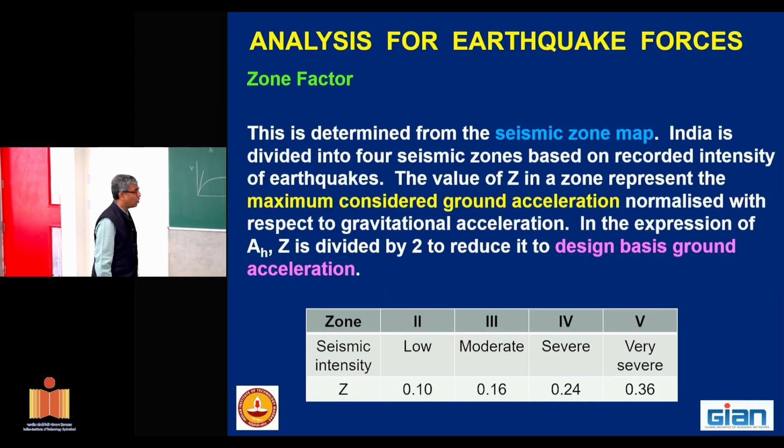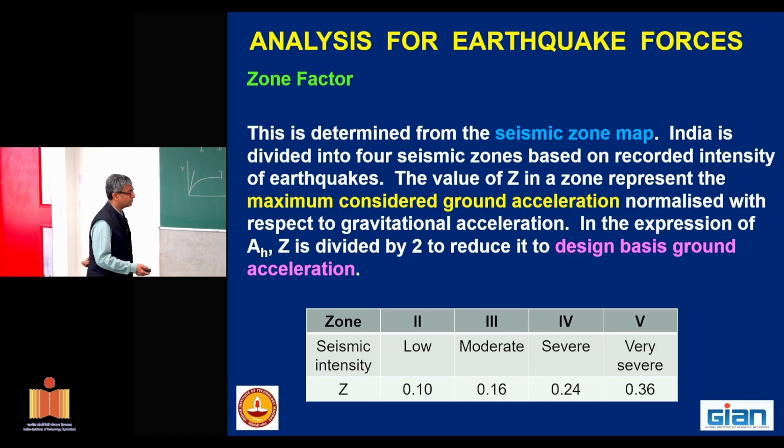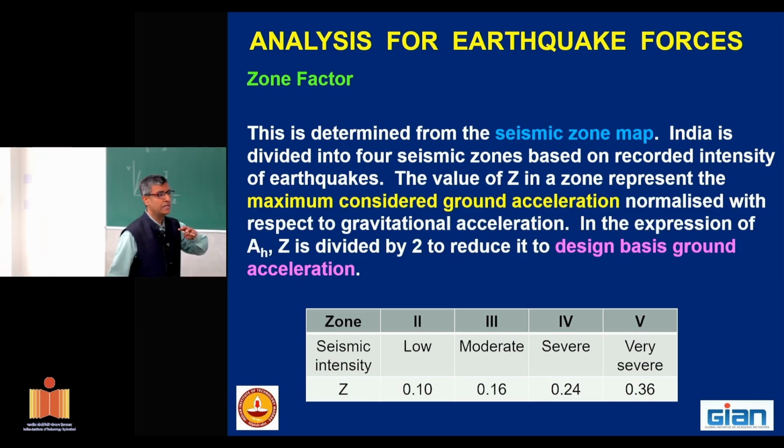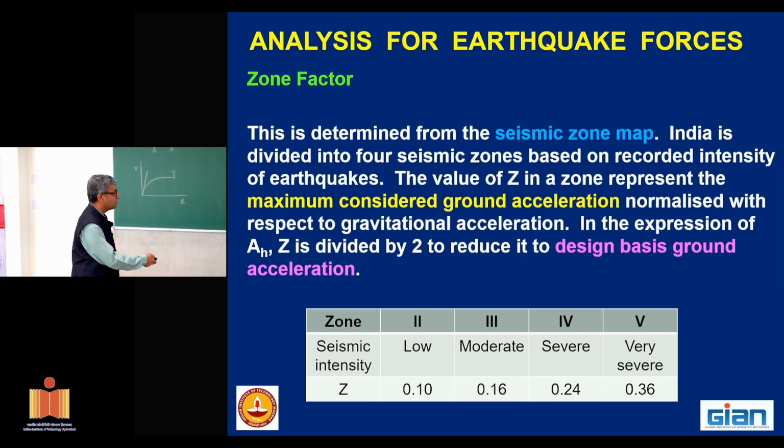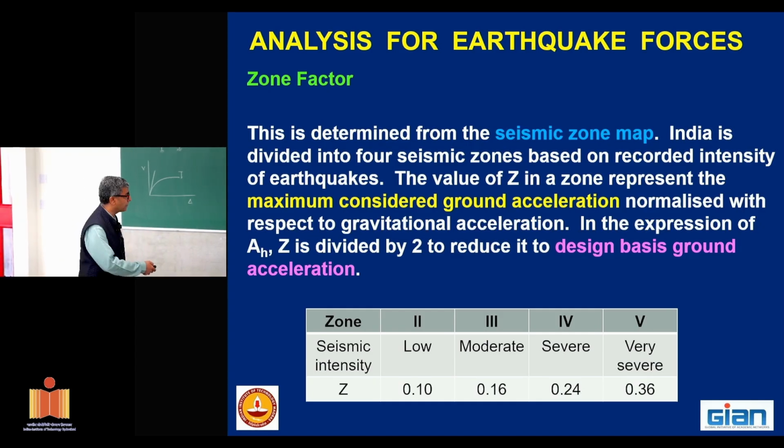Now, coming to the zone factor, in the 2016 code, the country was divided into 4 zones, and corresponding to each zone, there was a factor. You can think in simple terms that the horizontal acceleration is about 10% of gravity, which was for Hyderabad.